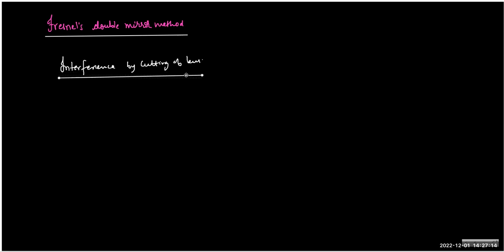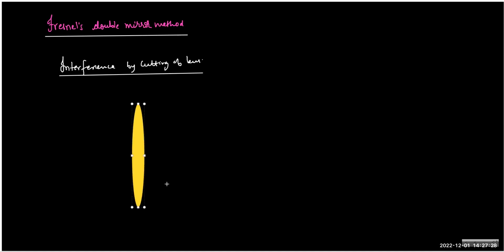Okay. So imagine we have a lens. Now these are from the lens chapter. Nevertheless, we will learn it. So imagine we have a lens, okay? And this is the axis of the lens, okay?